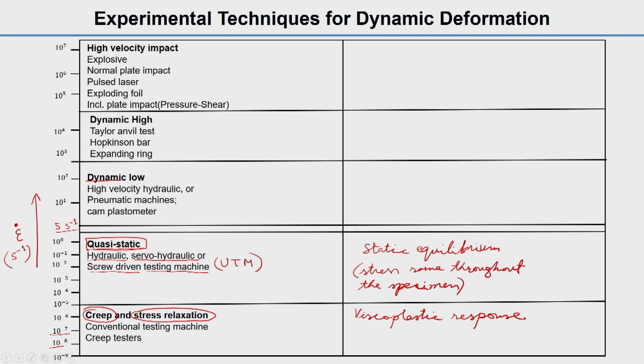However, in today's lecture we will be more focused on the dynamic part, not these quasi-statics. So we will talk about higher strain rates, higher than, let's say, 5 per second.